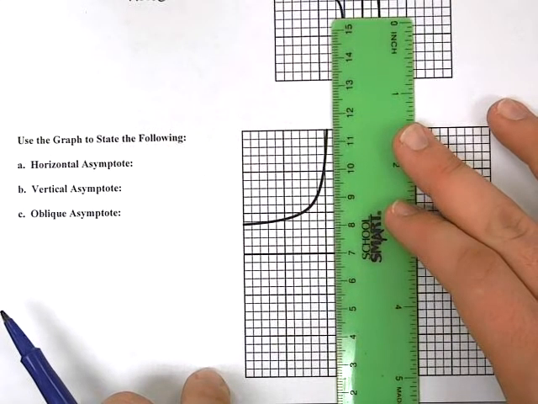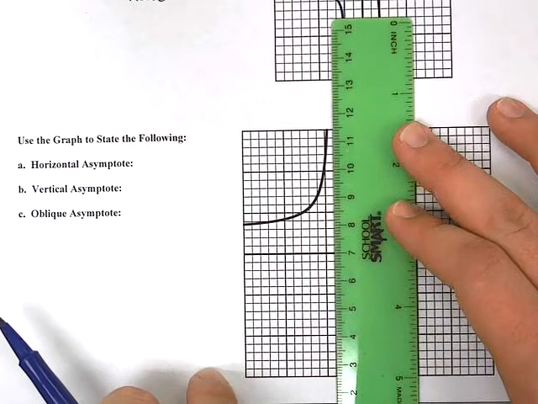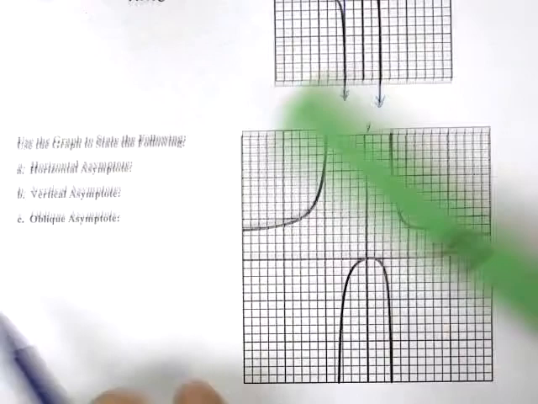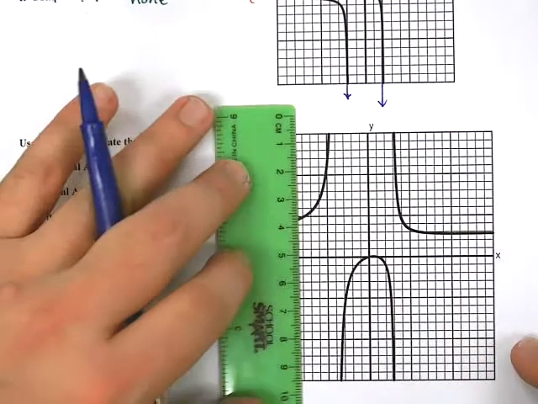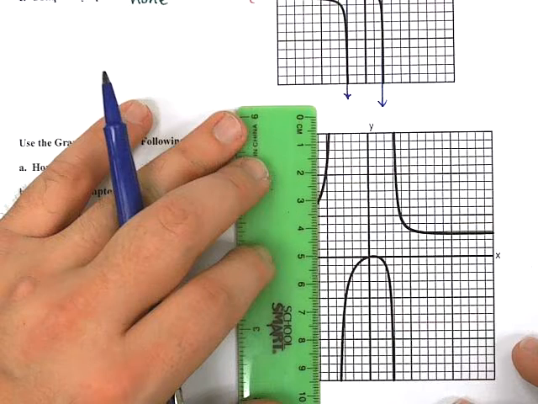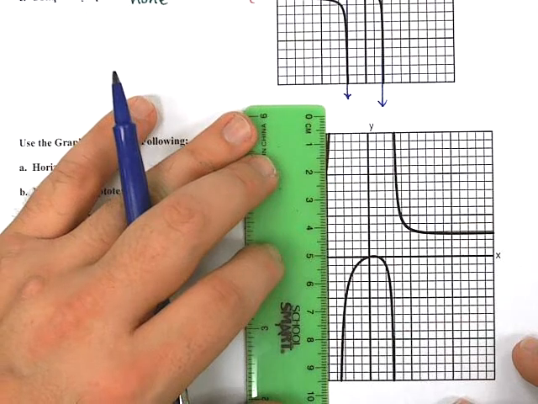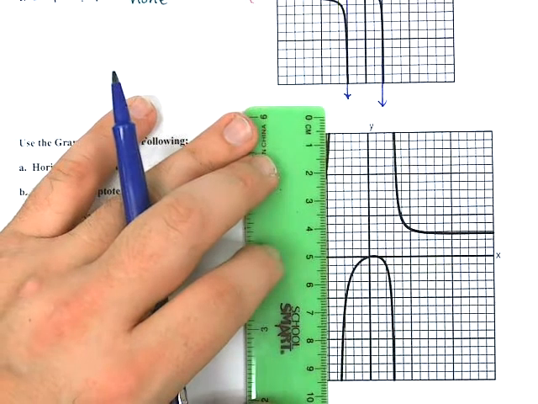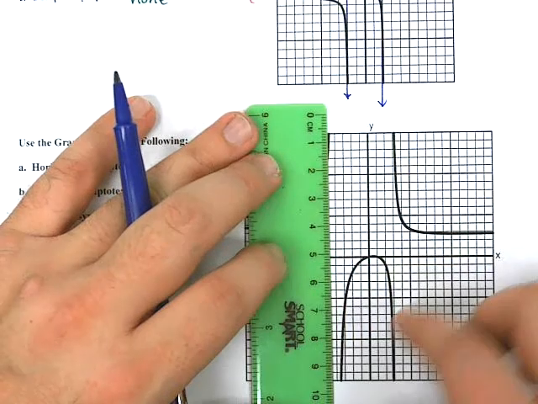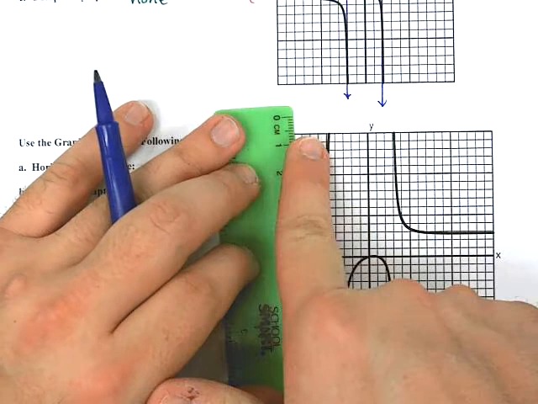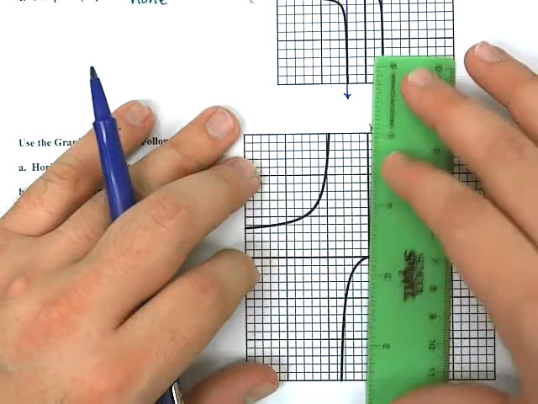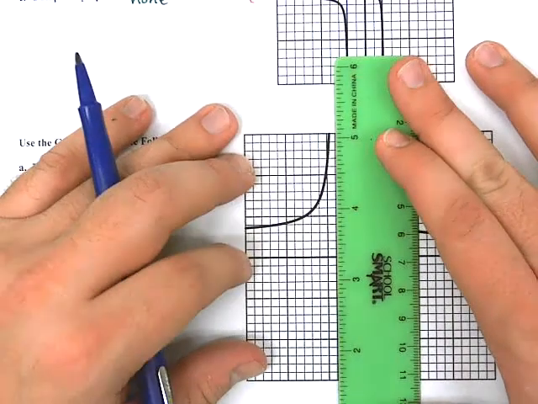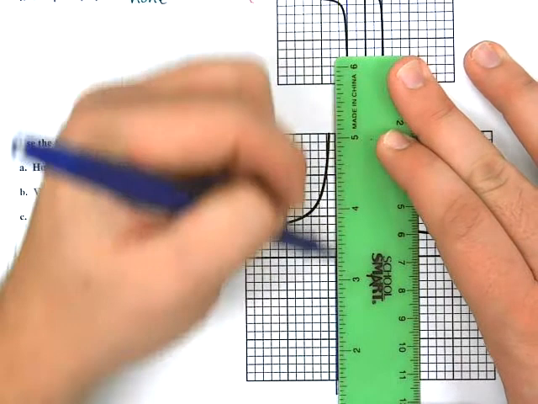And make sure that you also test from the other side as well. If you know it can't cross a vertical asymptote, then I can't put one right here because that means this graph crossed it. So combining both ideas, from the left and from the right side, we can see that we have a vertical asymptote right here.